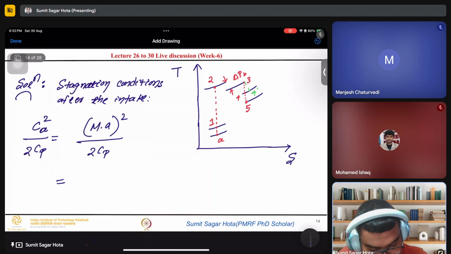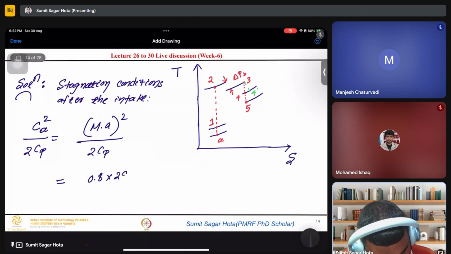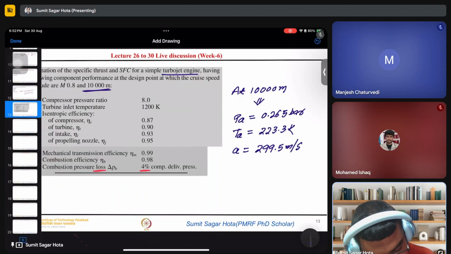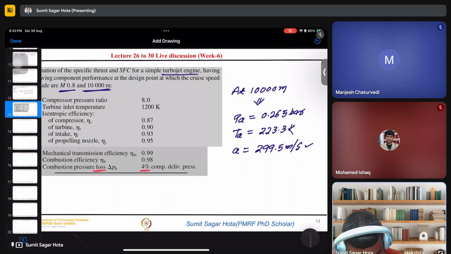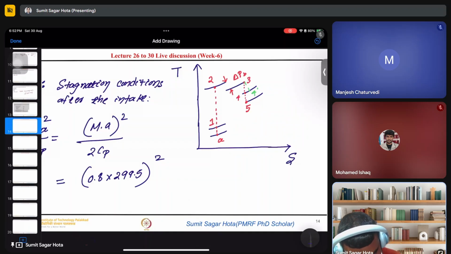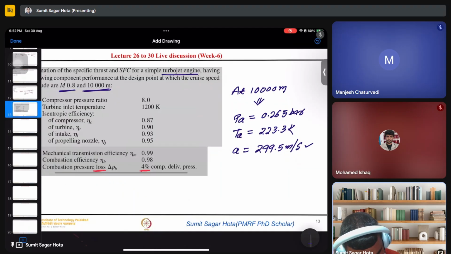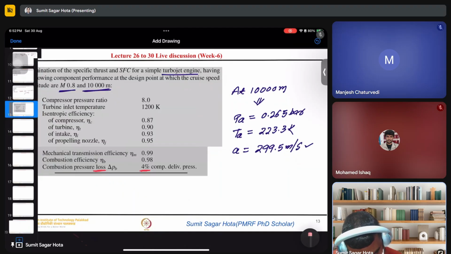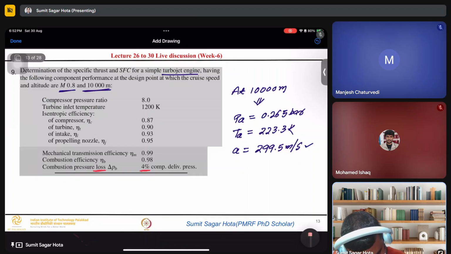So this is equal to 0.8 into 299.5 square. These are the values at 10,000 meters, right? Mach is 0.8, I just substituted here. The Cp value is 1.005 kilojoule per kg Kelvin. It's not given, and if it's not given, Cp you should always remember.